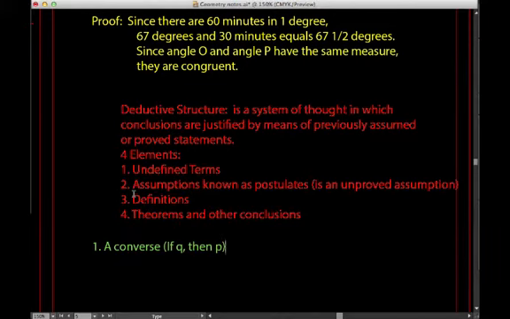So if some event Q, then some event P. But there's also an inverse, and you might be able to deduce that an inverse is something of the sort, if not P, then Q. And we'll write that in a moment. Just want to type this really quick. And then lastly, we have a contrapositive, which is if not Q, then not P.